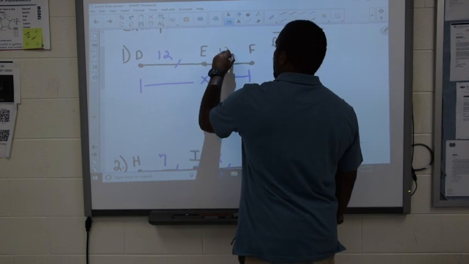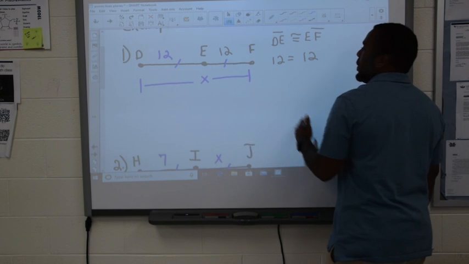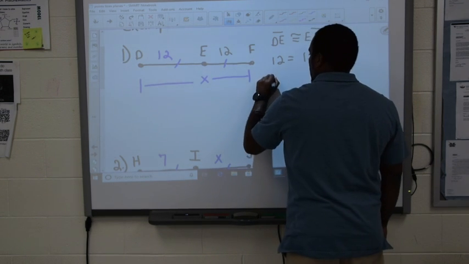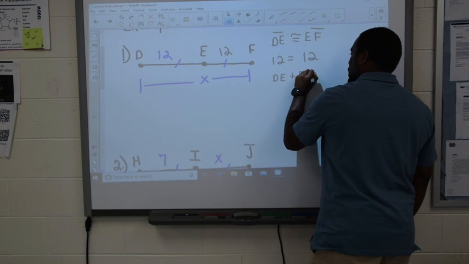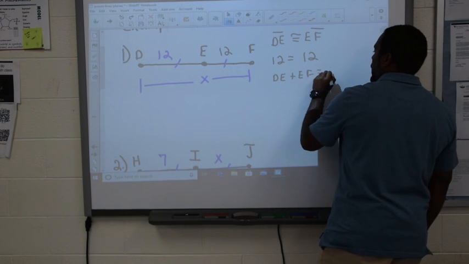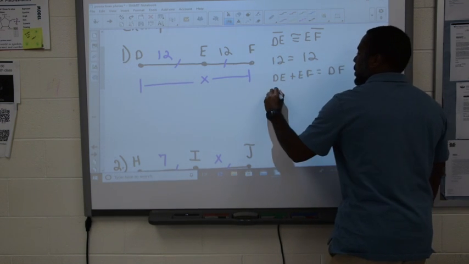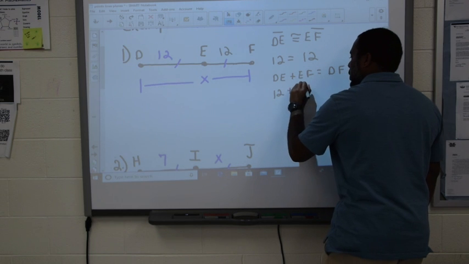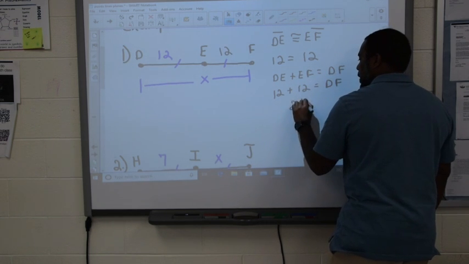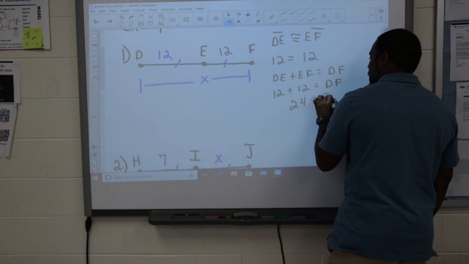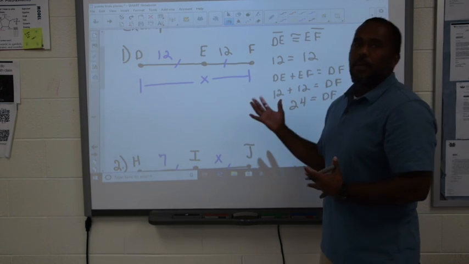This is 12. We also know that DE plus EF is equal to DF. So this is 12 plus 12 is equal to DF. So 24 is DF. A couple things happen here.